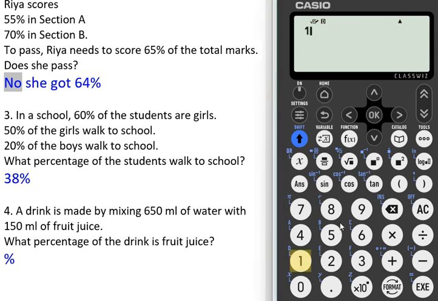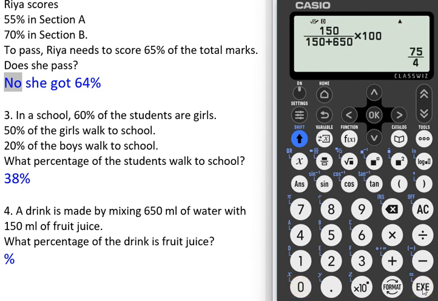So the fruit juice is 150, and I'm going to put this as a fraction first of all, and we've got the 150 of juice plus the 650 of water, and then that would give us the fraction, and I'm going to multiply that by 100 to get the percentage. Let's see what that is.